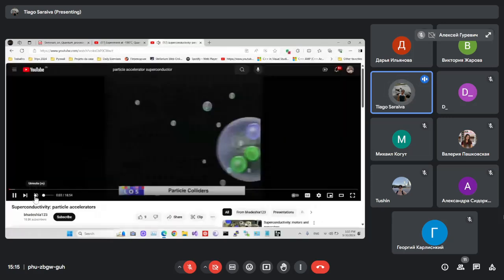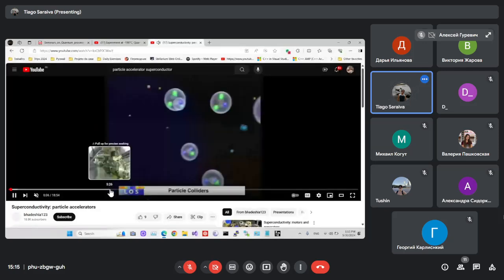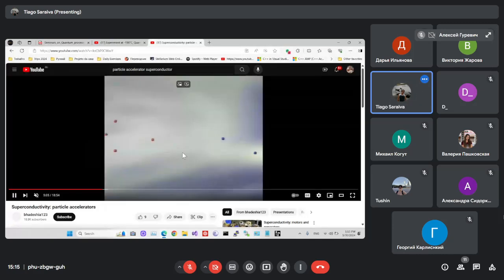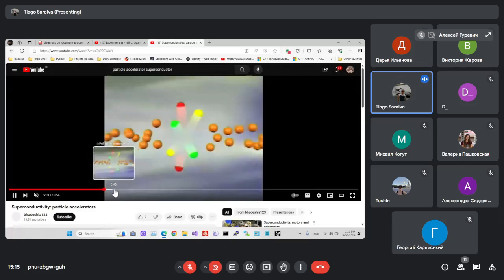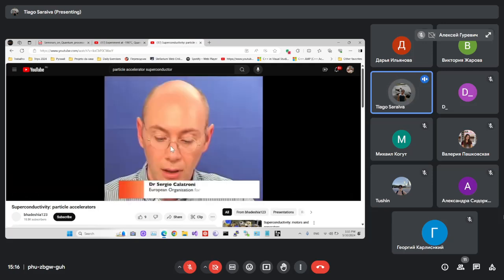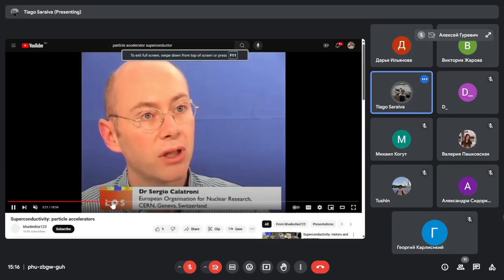I just wanted to show more or less how they look. In a particle accelerator, you have these very long tubes, and the particles circulate around and collide. So you send a lot of very fast protons, for example at 99.99% of the speed of light. They collide against each other.